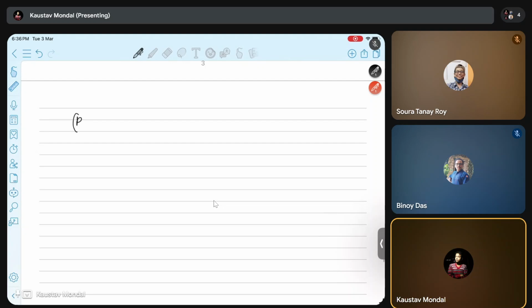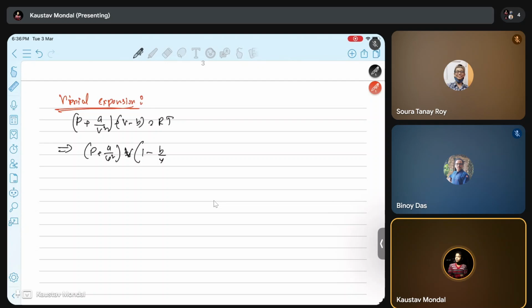So (P plus a by V square) into (V minus b) equal to RT. In order to do this virial expansion, what you have to do: (P plus a by V square) equal to, take V as common, V into (1 minus b by V) equal to RT.